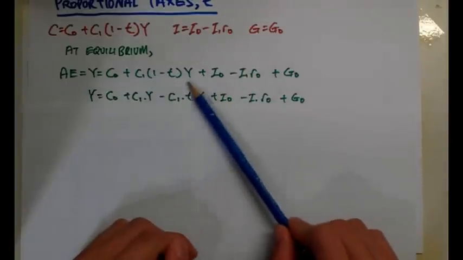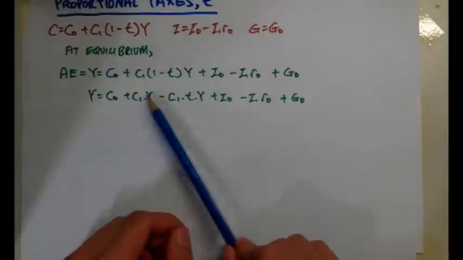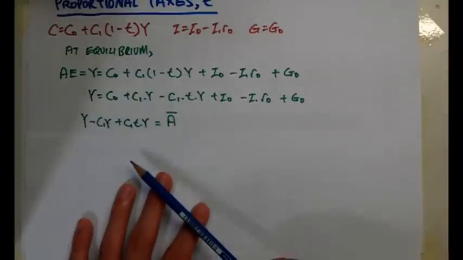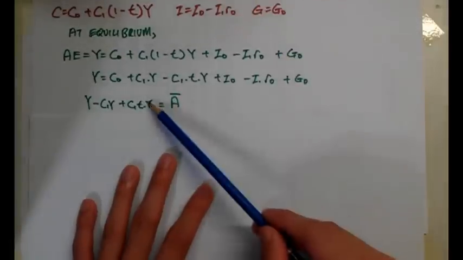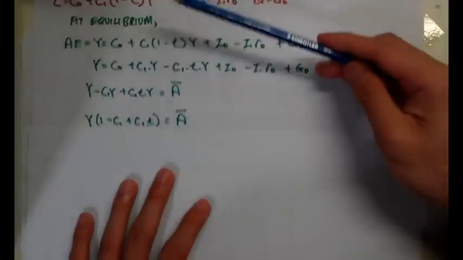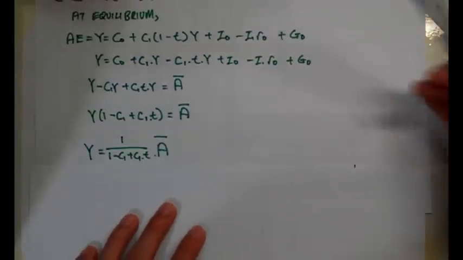Okay, so I'm going to open up the brackets, and you can see there's a Y over here, so I'm going to bring this and this over to the other side, and everything else is going to be A bar. There. See? Then I'm going to factorize Y, and I get this. Simple, right? Then I'm going to take this and put it below here, and I've got this.